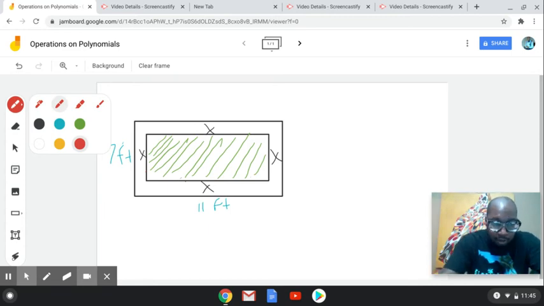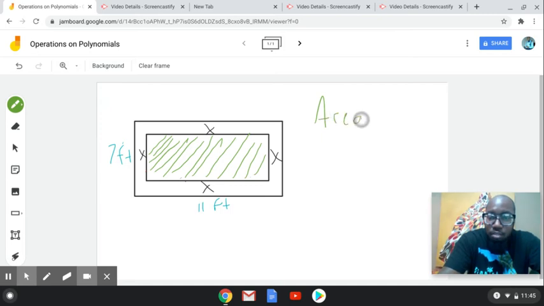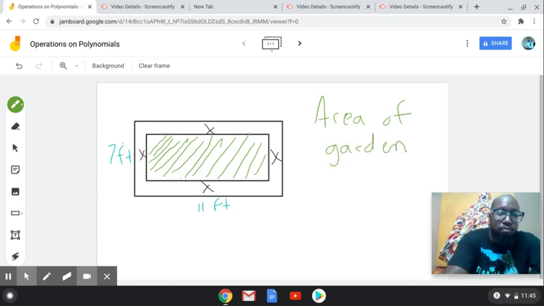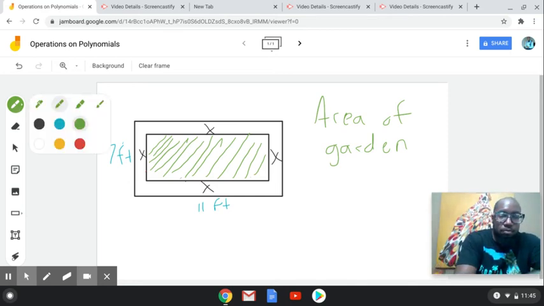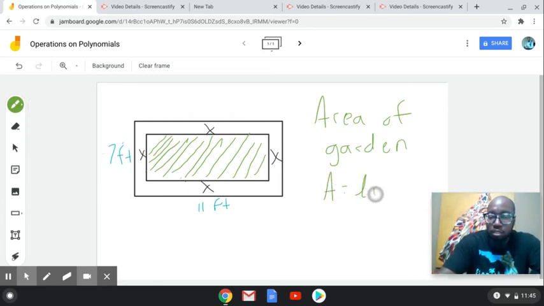If we want to find the area of the garden, well, what do we know about the area of the garden? We know that area equals length times the width, right? That's what we do know.